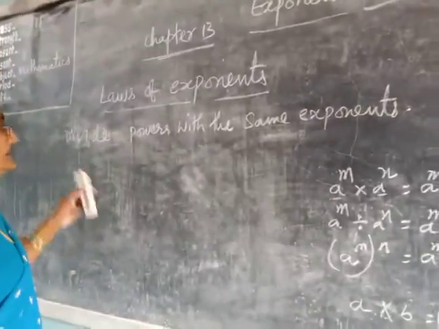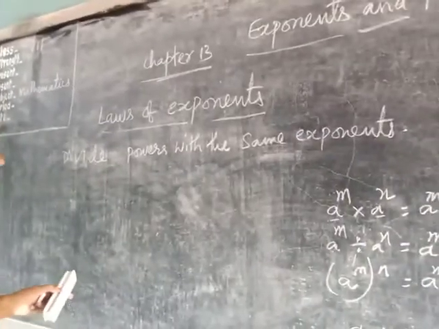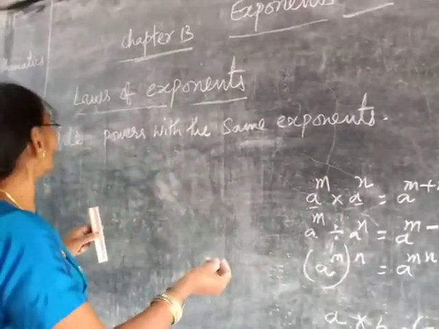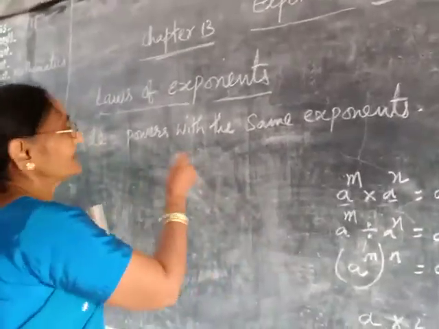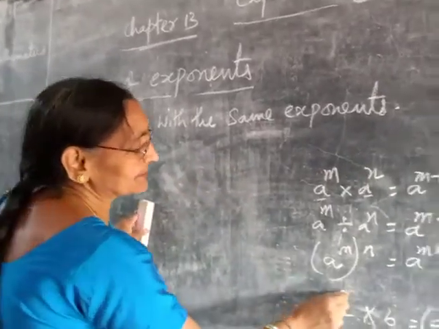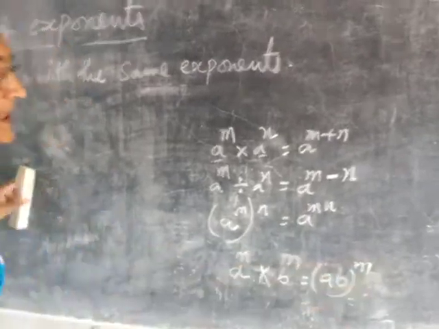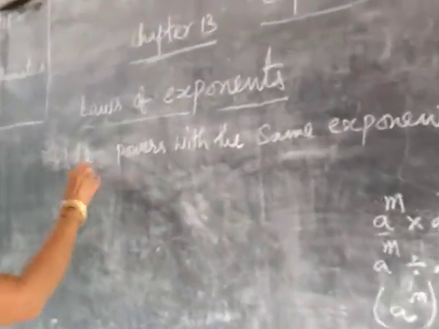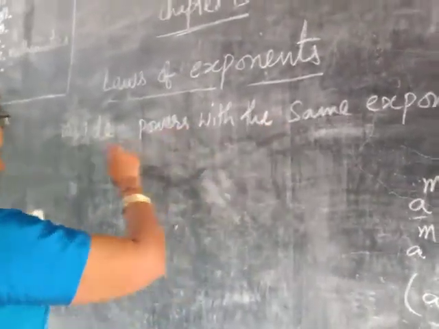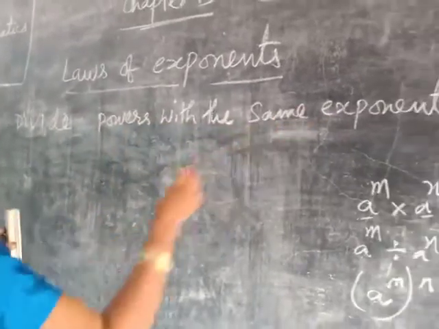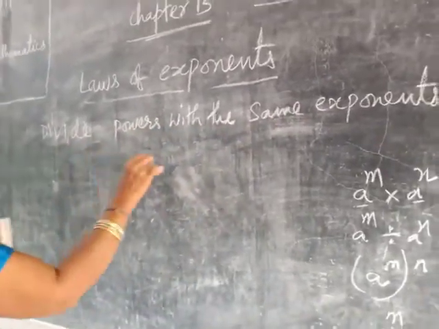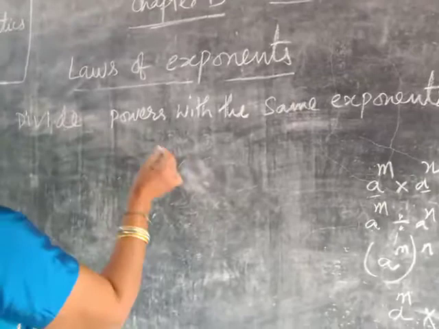Next, divide powers with the same exponents. What did you study in the previous one? Multiply powers with the same exponents. What will you do? a to the power m, b to the power m means it is (ab) to the power m. Now, divide powers with the same exponent: exponents are the same and the bases are different.